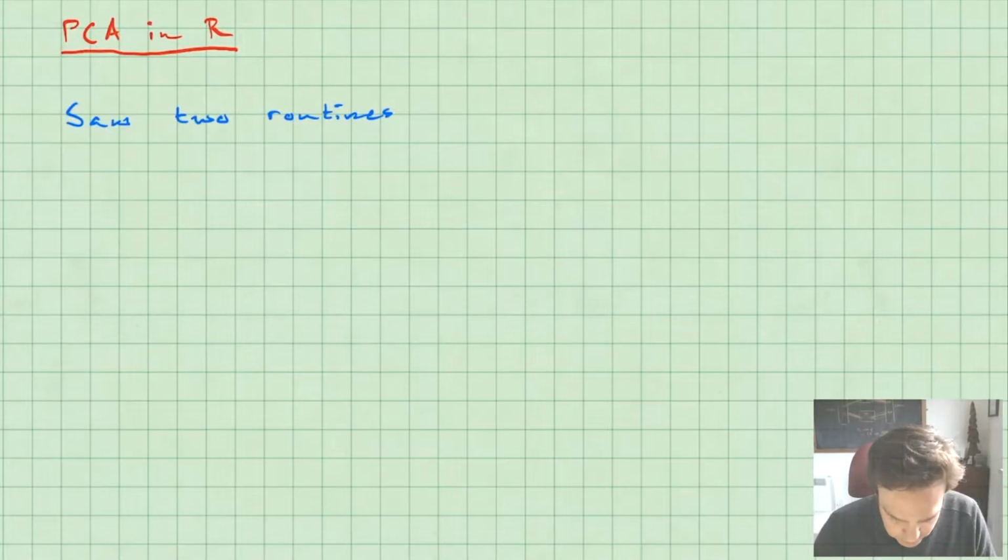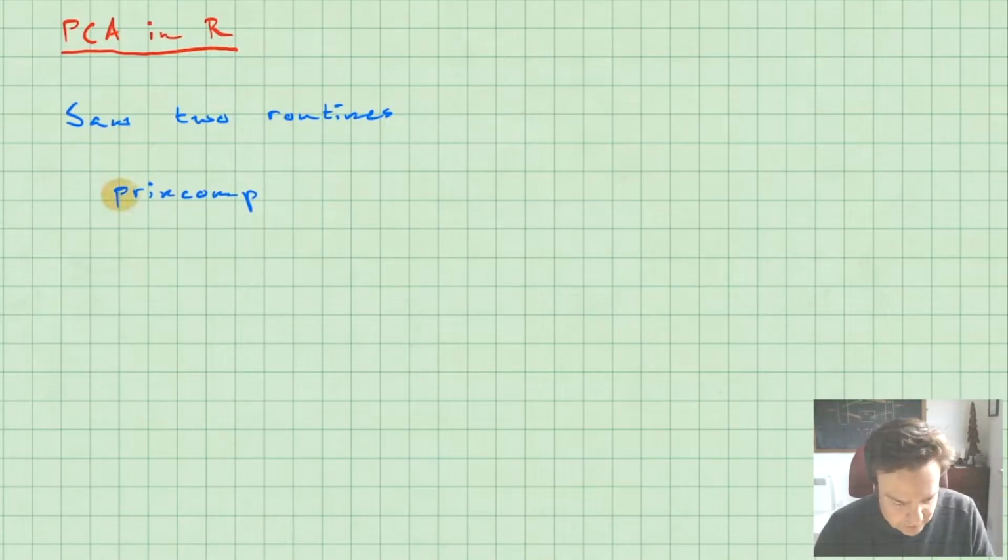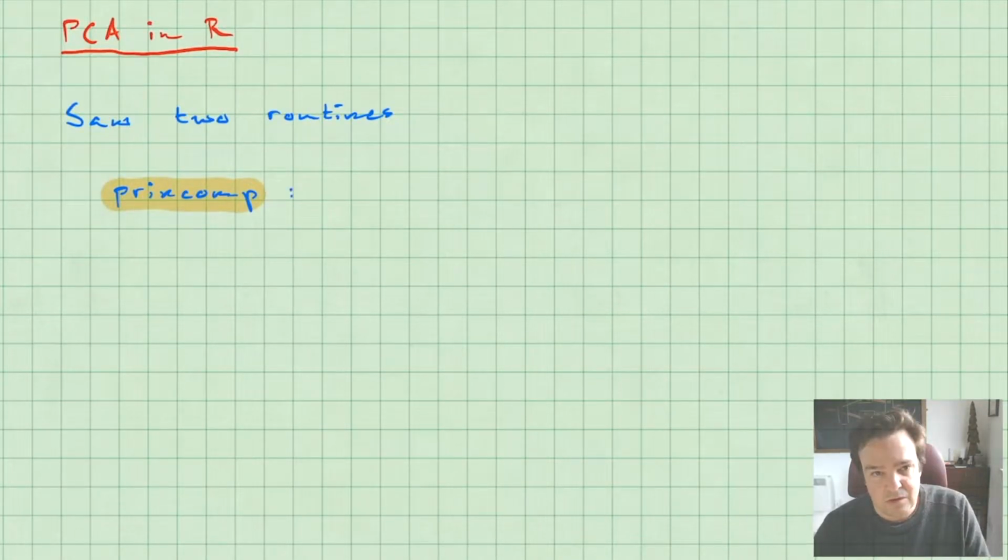One of the routines that we saw was called princomp. If you look at the help files, which you should always do when you're using routines for the first time, have a quick look to see if there's information in there that will be useful for you.